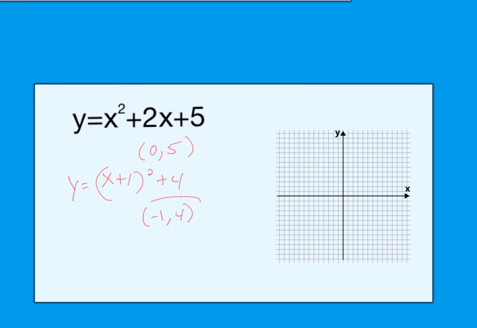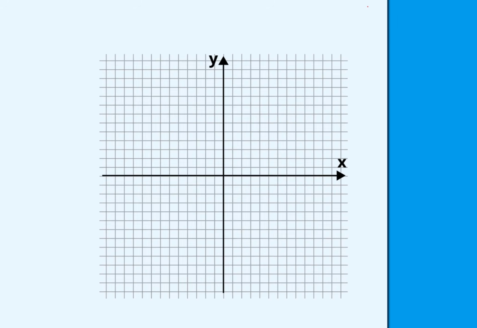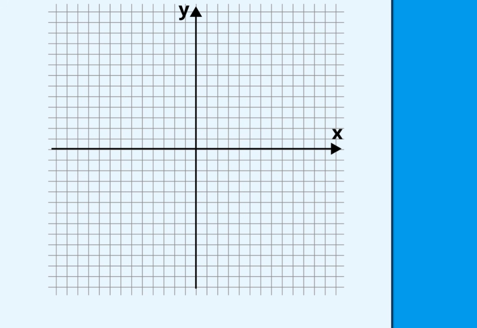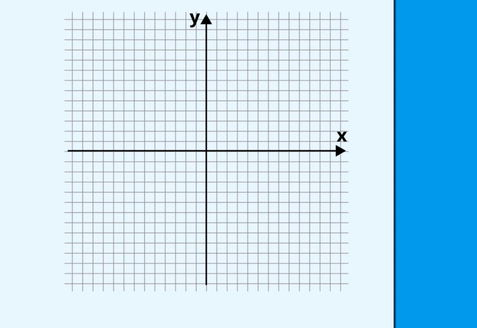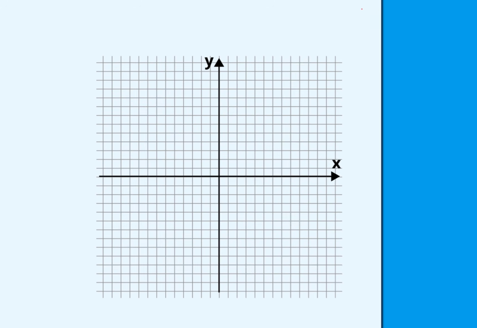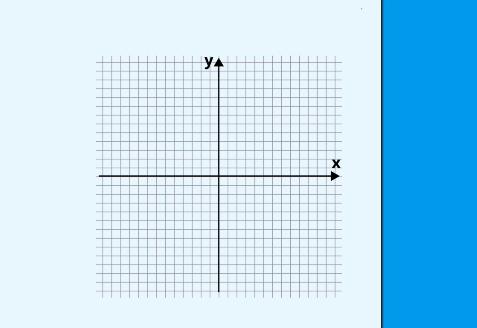Now let's start at the vertex, which is going to be (negative 1, 4). 1, 2, 3, 4. There we are. (Negative 1, 4).